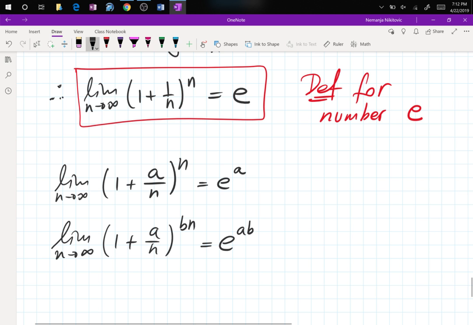So these are all shortcuts, because the problems that you are going to see in the future, especially in Calc 2, are going to look like the limit as n goes to infinity of (1 plus 3 over n) to the n. It's just better if you know immediately that it's e cubed, rather than cranking the full page of calculations. So you are doing yourself a favor if you're going to Calc 2.